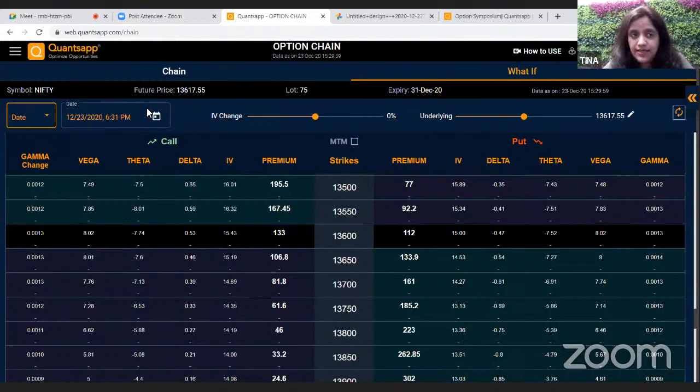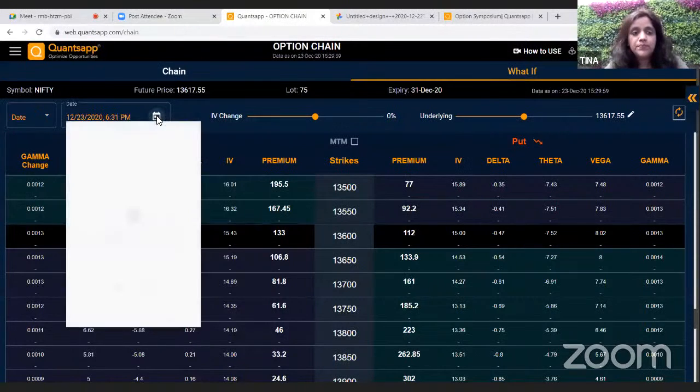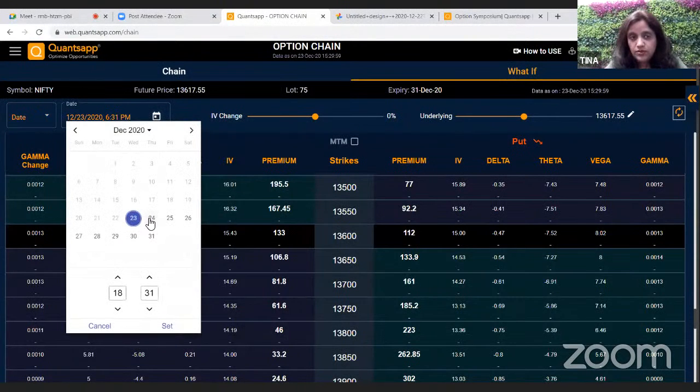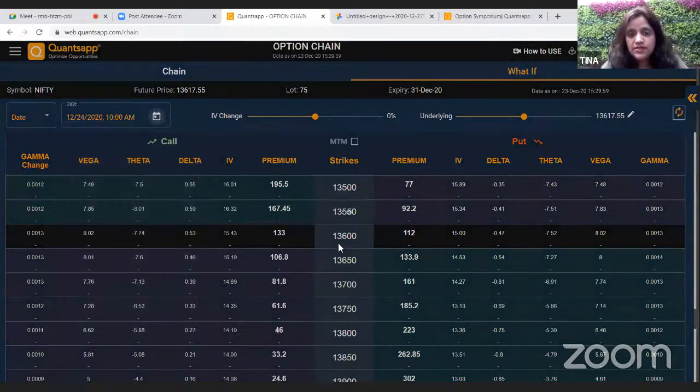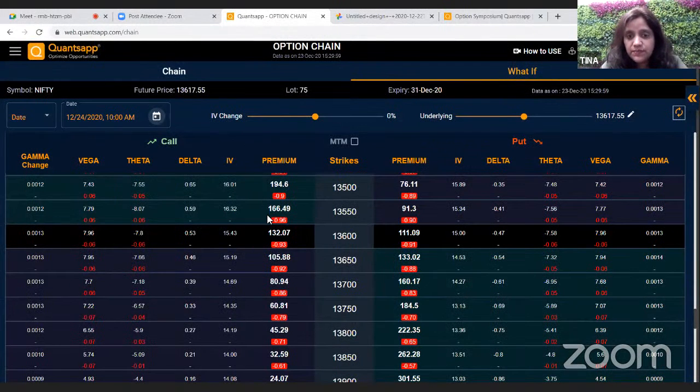So if I say I want to know how the price will behave on 24th by say 10 a.m. Now this is the case where the price will behave at 10 a.m. I've kept the prices stable, 13,617.